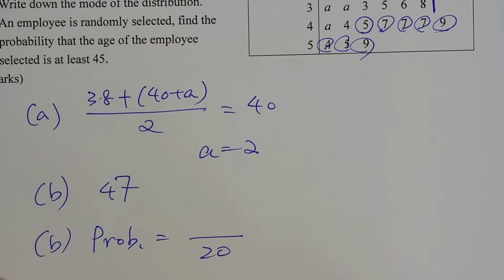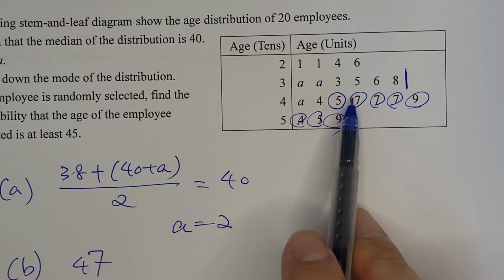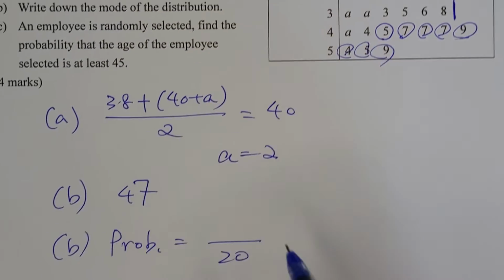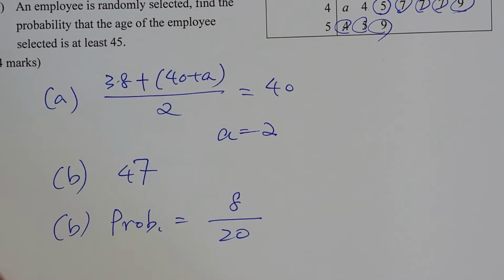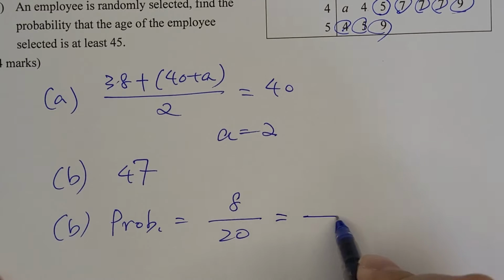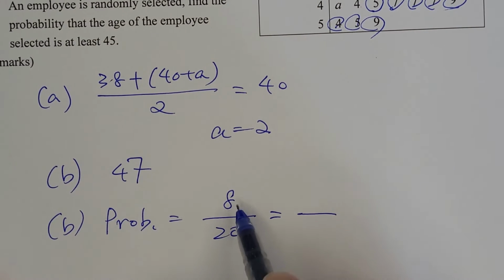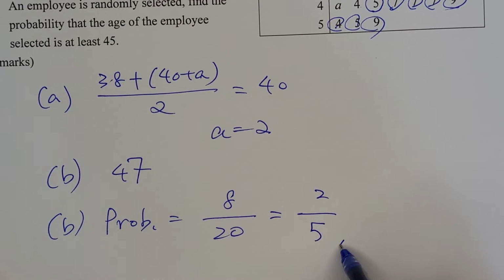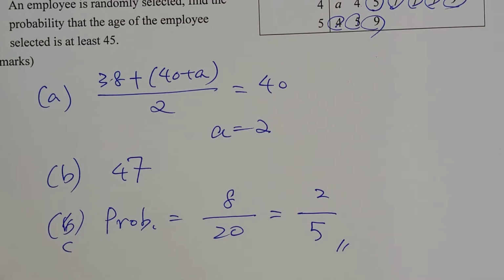And amongst those 20 employees, I want 1, 2, 3, 4, 5, 6, 7, 8. I want 8 of them. So the probability will be 8 over 20, and after simplification, 2 over 5. You must simplify the fraction. So that is the answer of part C, and that's the end of question number 4.